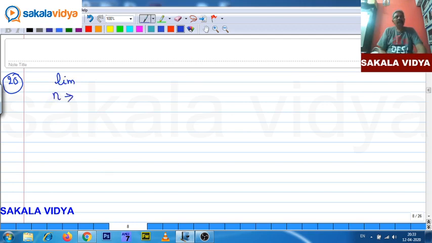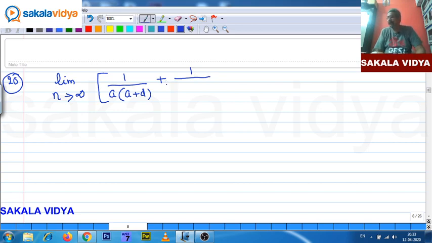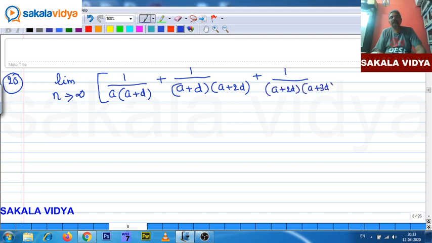Limit n tends to infinity, 1 upon a into a plus d, plus 1 by a plus d into a plus 2d, plus 1 by a plus 2d into a plus 3d, and so on n terms, equals to.